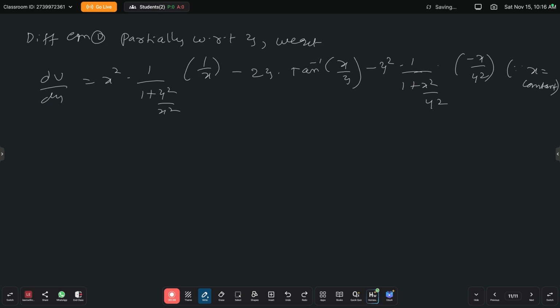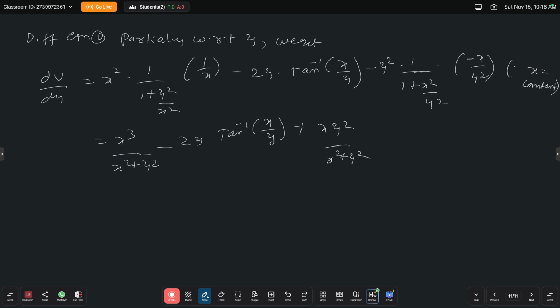Now we can simplify. Now the result is x cubed by x square plus y square minus 2y into tan inverse of x by y, plus, again simplifying the LCM, we get the result x y square by x square plus y square.